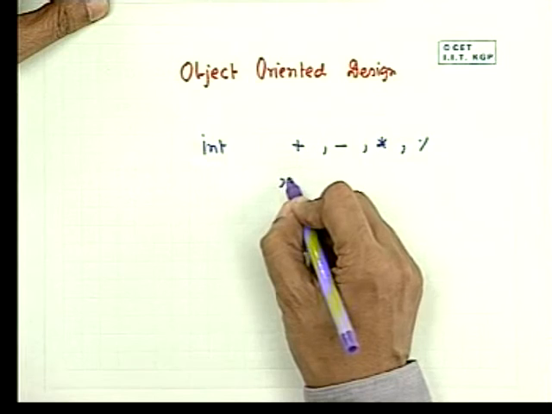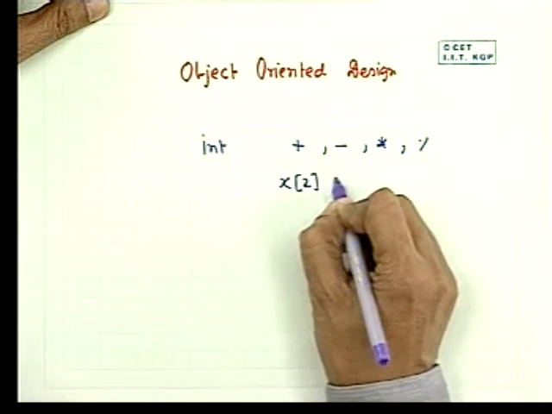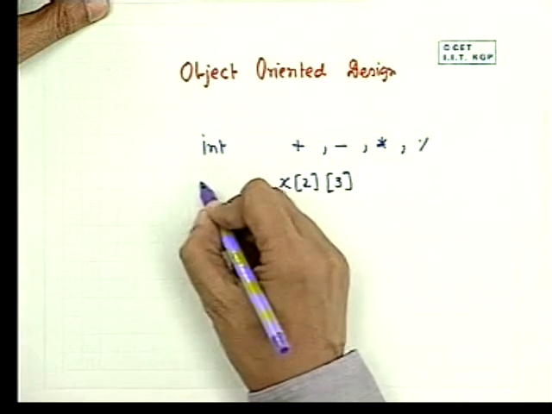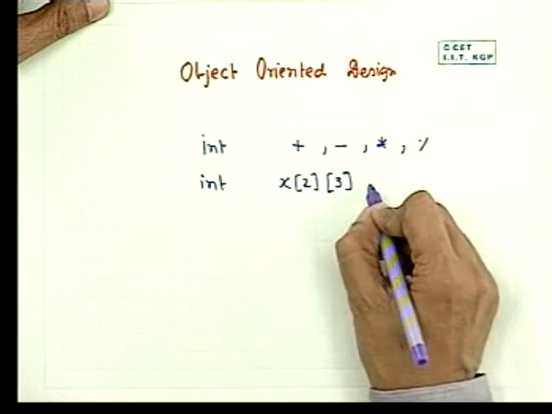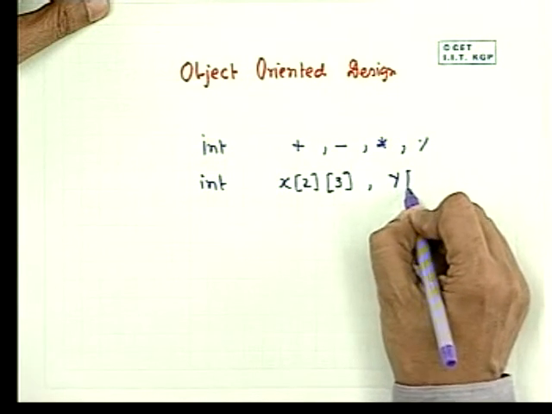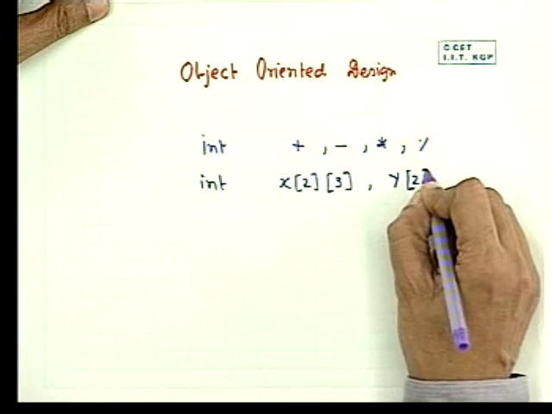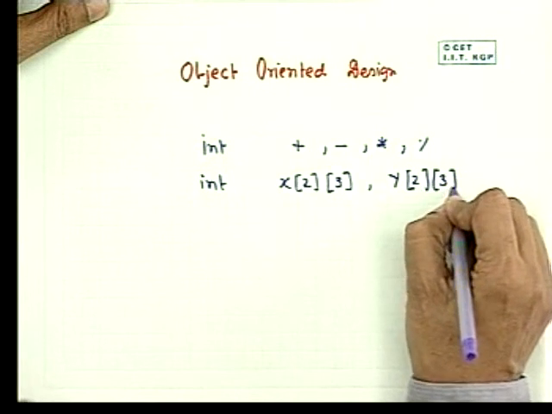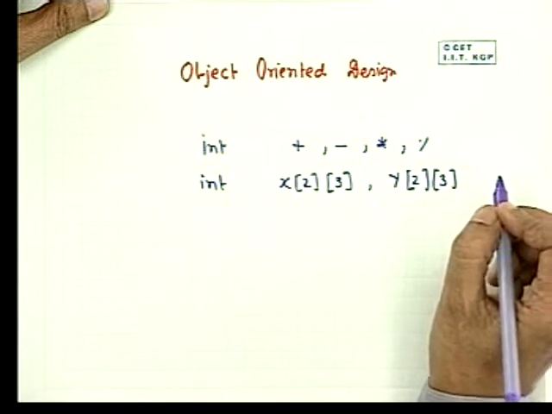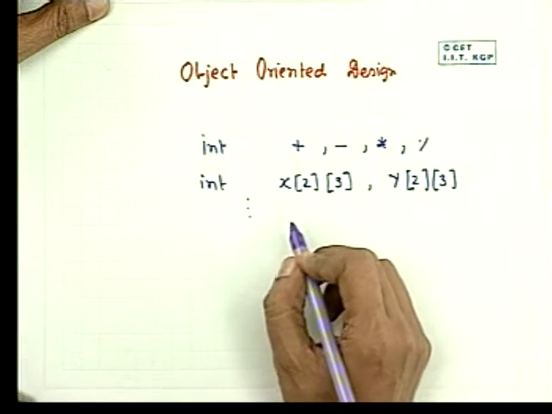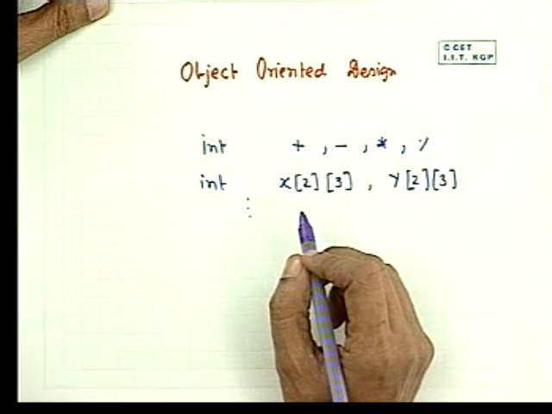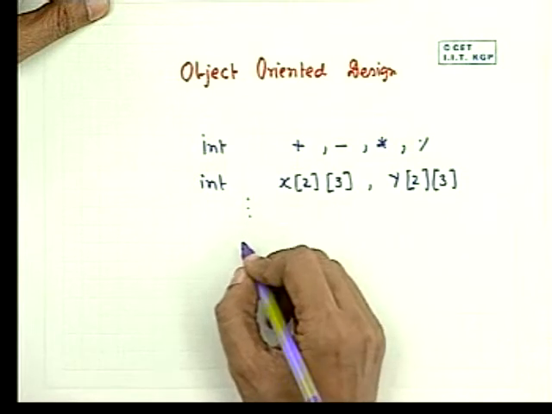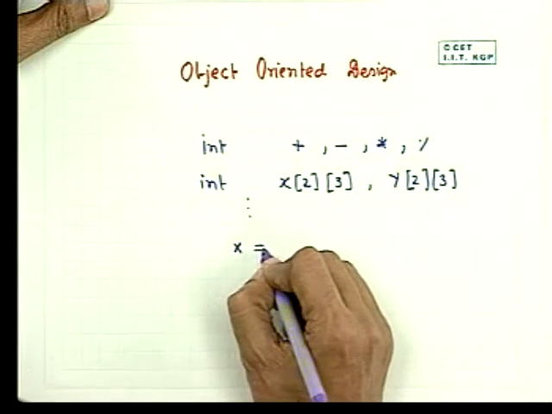We can have a matrix x of 2 by 3 of type integer, and y is another integer matrix of similar dimension. Now in normal programming languages, operations directly on the matrices are not permitted. However, a simple assignment is often permitted.